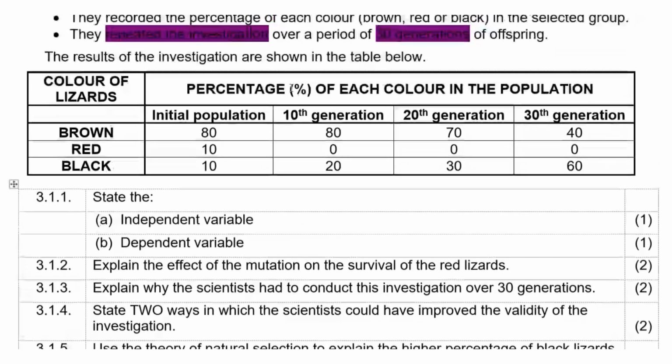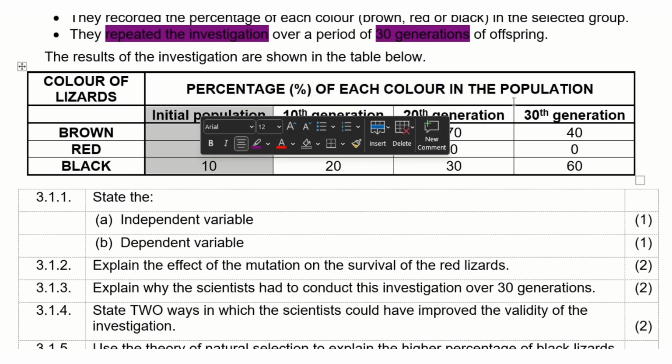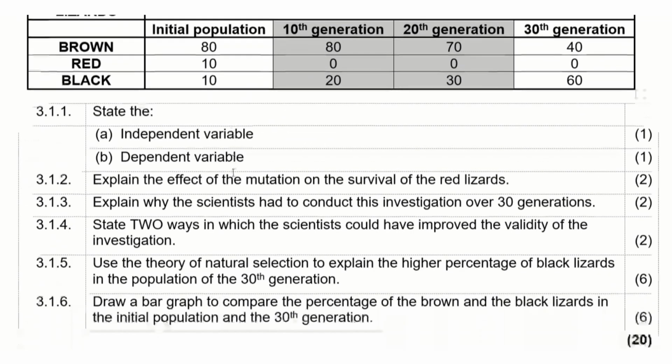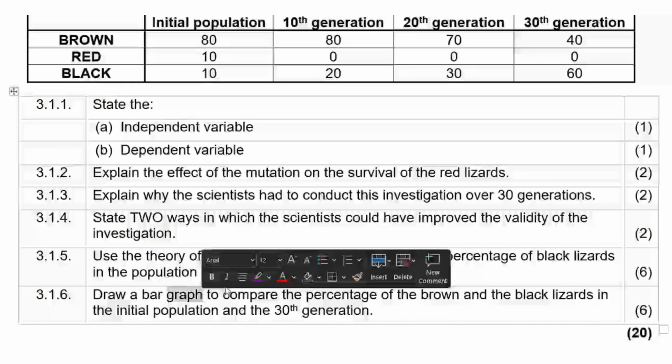So if we look here at our table, they want the brown lizard, the black lizard in the initial population and the 30th generation. So you must ignore everything else. You must ignore the red lizard and you must ignore the 10th and 20th generation. If you don't and you put everything on your graph, you are going to lose marks. Okay, so very important.